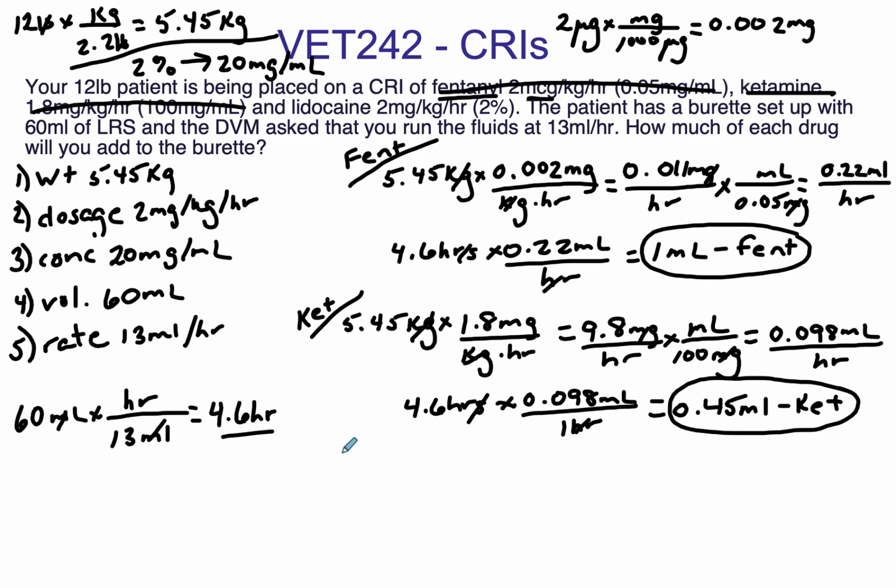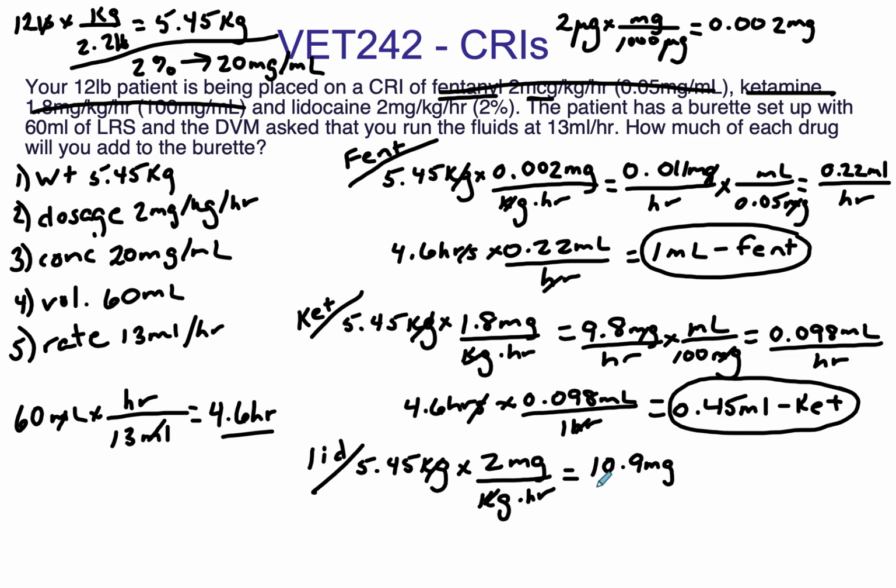20 mgs per mil. Okay, now we're working on the lidocaine part of the problem, and we're gonna do it all again. 5.45 kilograms multiplied by my dosage, 2 milligrams per kilogram per hour. Kilograms are canceling. Let's do that math. 5.45 times 2 ends up being 10.9. Don't forget to bring your units with you. 10.9 milligrams per hour.